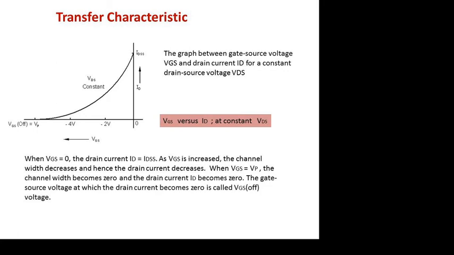As the gate source voltage is increased, ID goes on decreasing, and it reaches a voltage VGS(off) at one point. VGS(off) is the gate source voltage at which the drain current becomes 0. Okay, thank you.